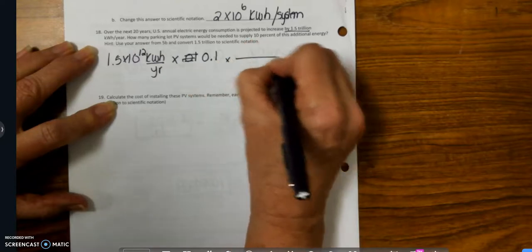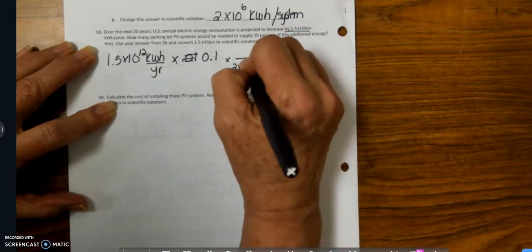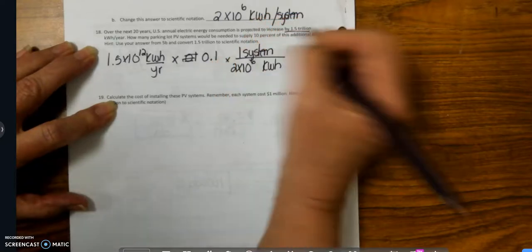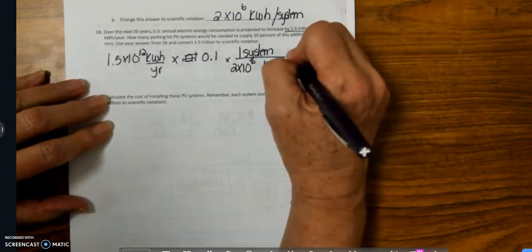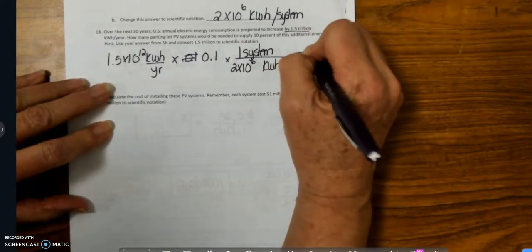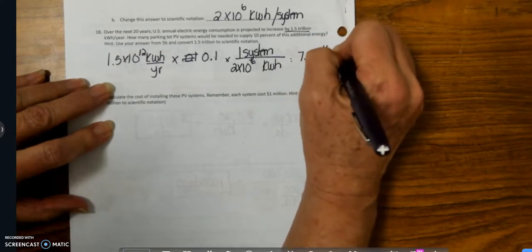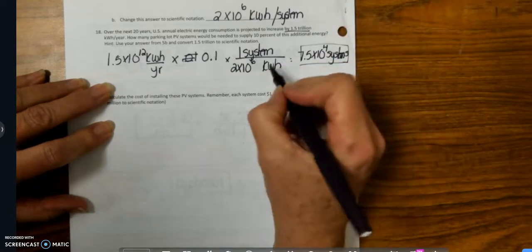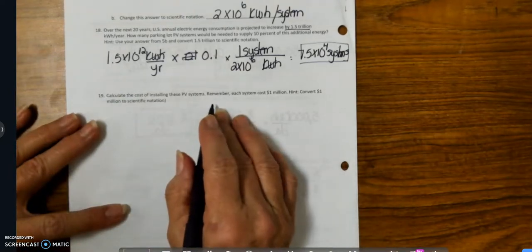And then I'm going to drop my kilowatt hour, which is 2 times 10 to the 6 per system, right? And that turns out to be 7.5 times 10 to the 4th systems.